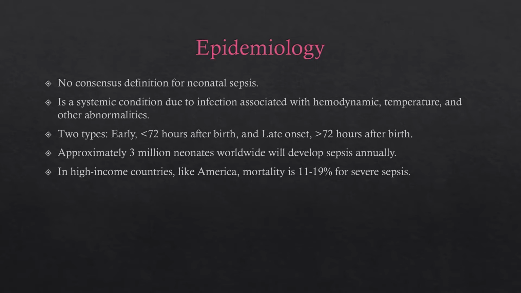There are two main types of neonatal sepsis. We have early onset, which is less than 72 hours after birth, and late onset, which is more than 72 hours after birth. We use these two terms to help define what we're looking at, what caused it, and what treatment to use.